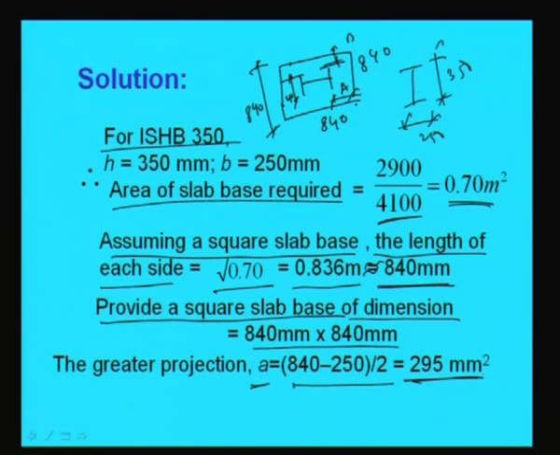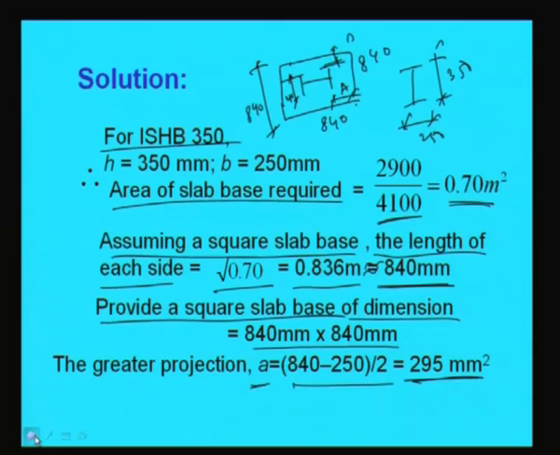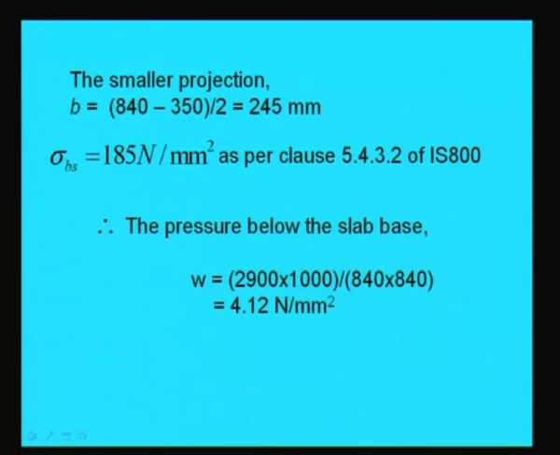This should be named as capital A, otherwise it will mix up, and the smaller projection, say capital B, will become 840 minus 350 by 2, because in this direction the base plate is 840 and the column is 350.